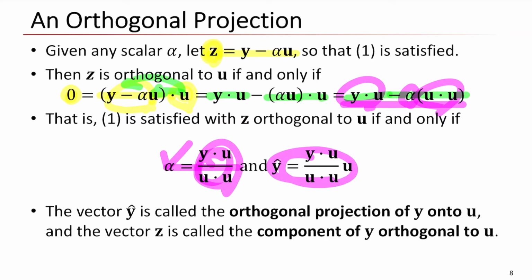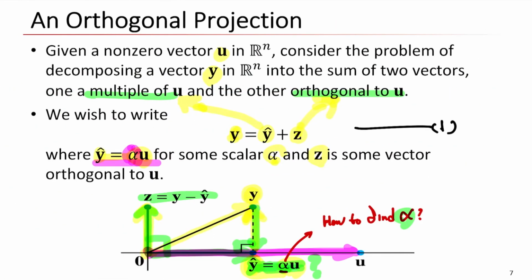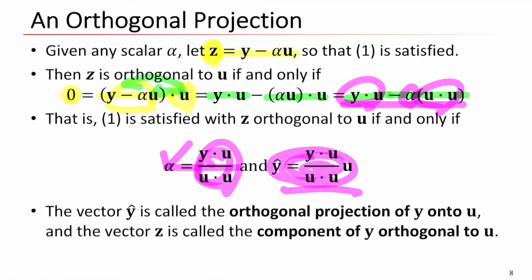Okay, so what does it mean? The y hat can be represented with the y and u. How? Here: y inner product u over u inner product u, times u. In this case, this vector y hat is called the orthogonal projection of y onto u.